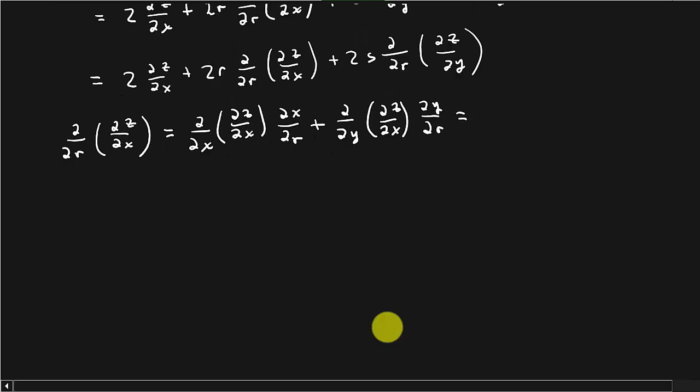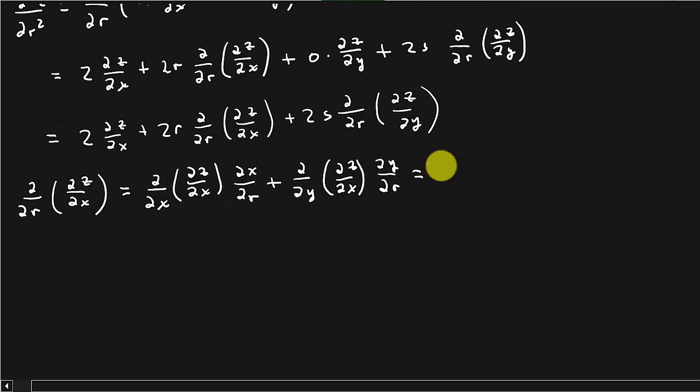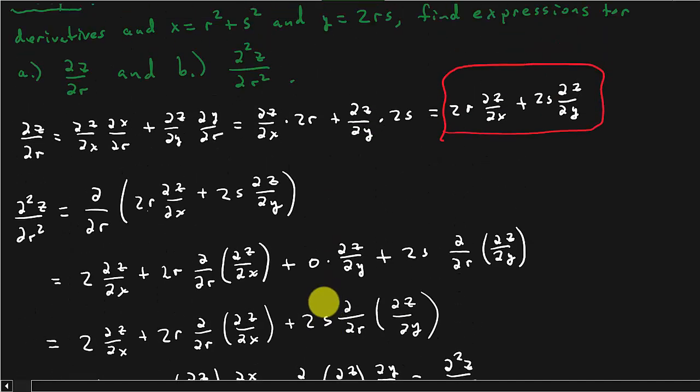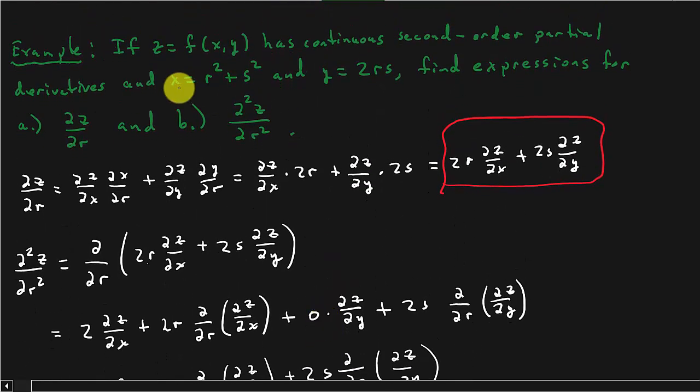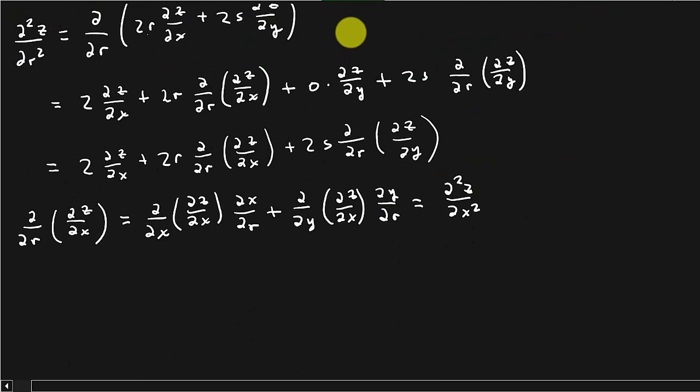So we can write this as the second partial of z with respect to x, right? This right here, that's the second partial of z with respect to x, times the partial of x with respect to r. We'll come up here. The partial of x with respect to r would be 2r. So that's times 2r.